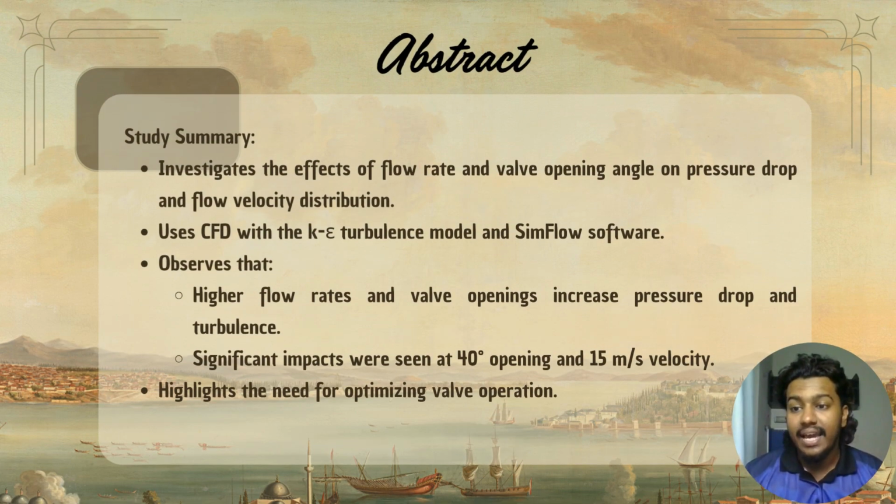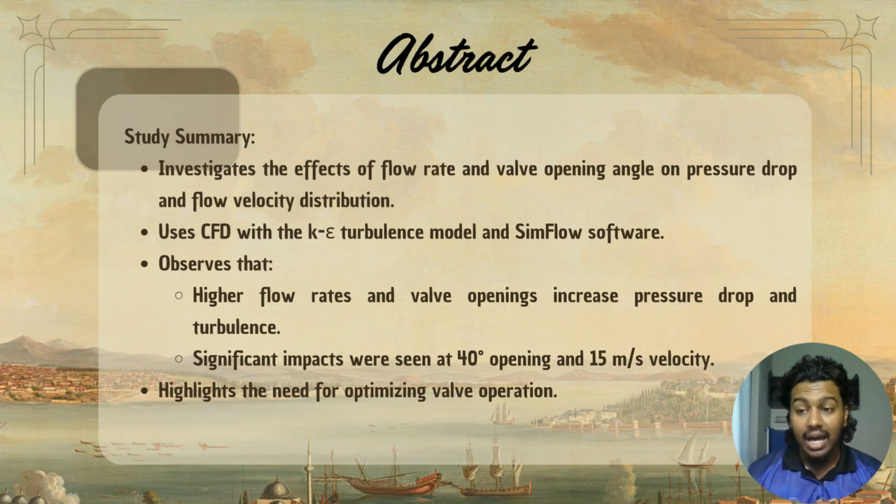We used CFD, or computational fluid dynamics, to simulate the internal dynamics of a butterfly valve. Using SimFlow software and the k-epsilon turbulence model, we studied how different flow rates and valve opening angles impact pressure and velocity distribution. And what did we find?